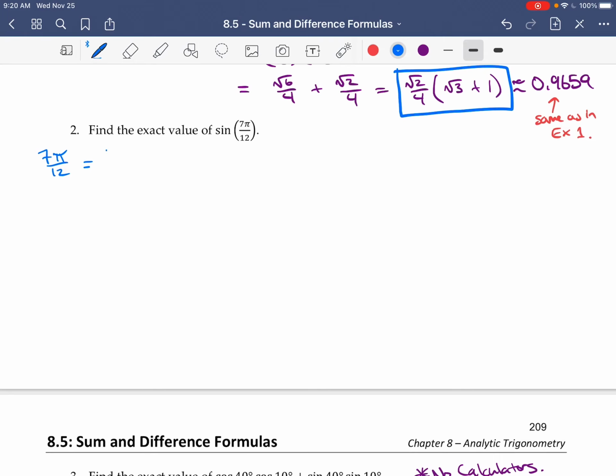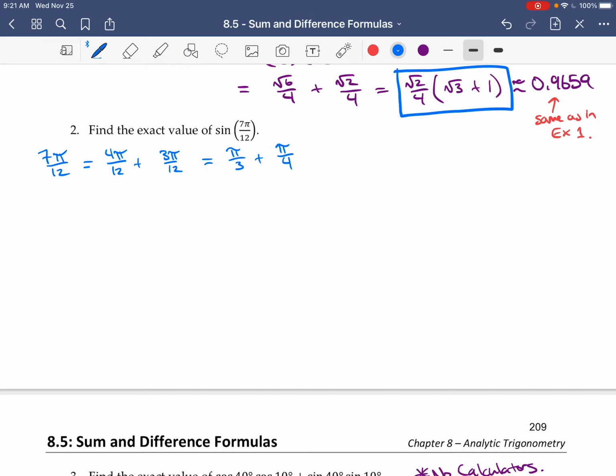So I know that it's 4 pi by 12 plus 3 pi by 12. Are those useful? Well, 4 pi by 12 is pi by 3, and 3 pi by 12 is pi by 4. So those are ones that I know. This is 60 degrees and 45 degrees. So this is what we can use.